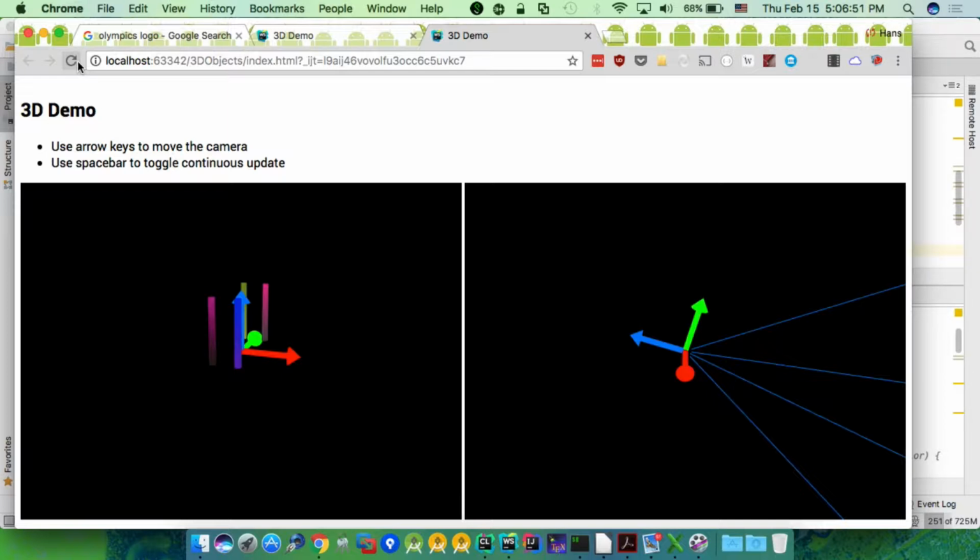Remember the base of the cylinder is at the origin, right? So when you move it up, when you translate, be careful because when you rotate, the effect will be like this.